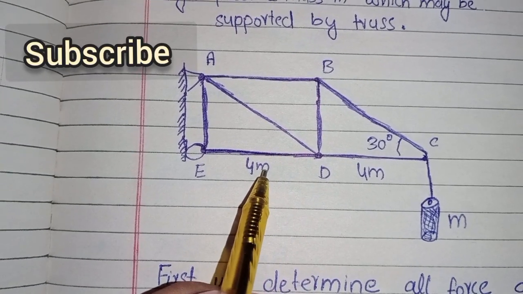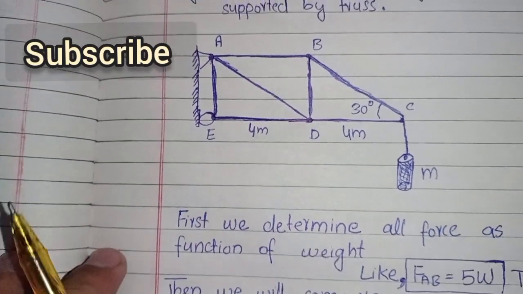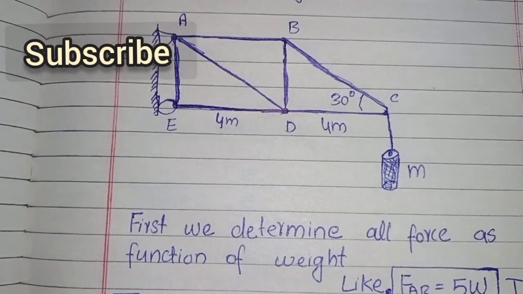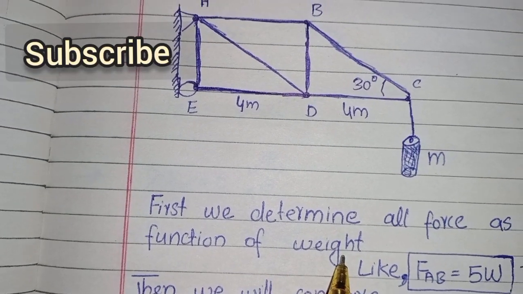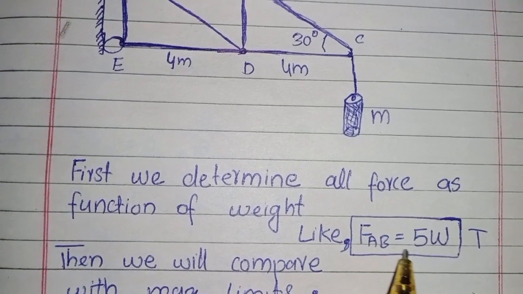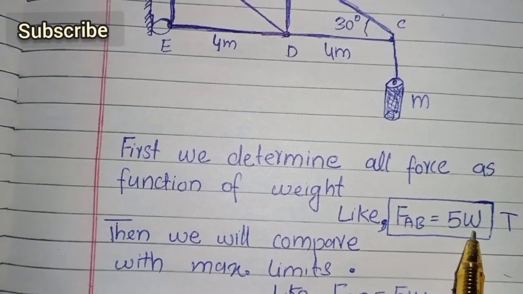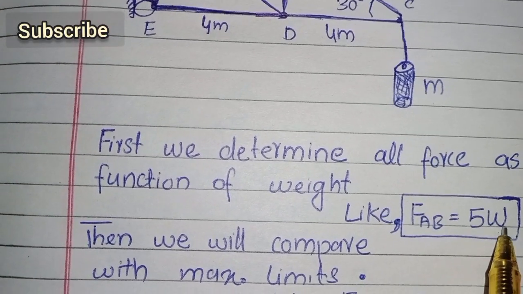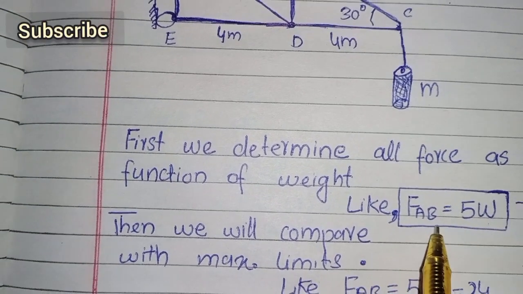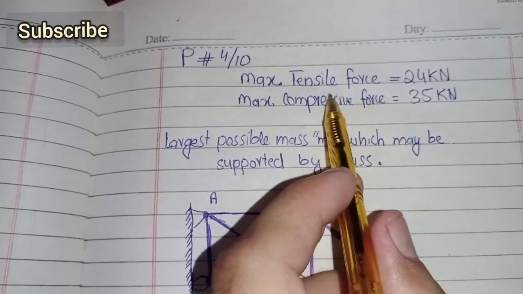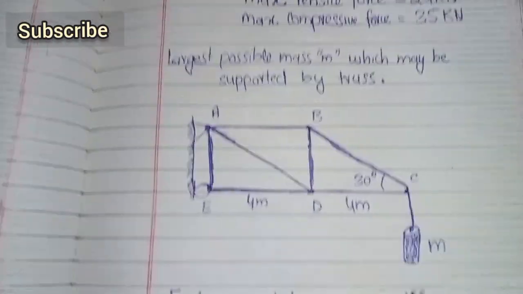Okay, so first of all we determine all the forces as a function of weight, like FAB equal to 5W. Then we compare this equation with these limits, the tensile force limit and the compressive force limit.